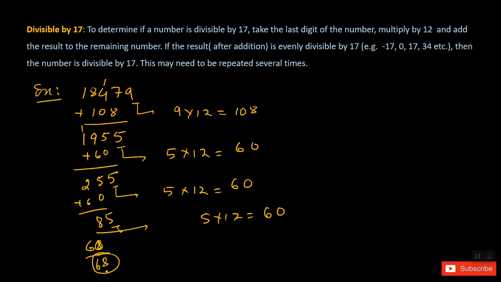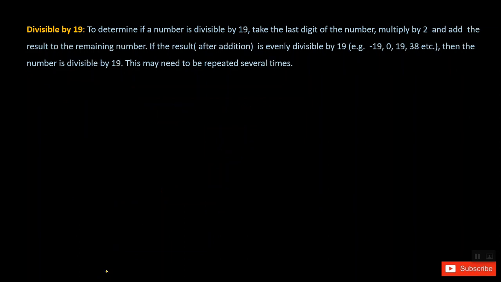All right, now let's move to the next type. Let's see the divisibility rule by 19. To determine if a number is divisible by 19, take the last digit of the number, multiply by 2, and add the result to the remaining number.